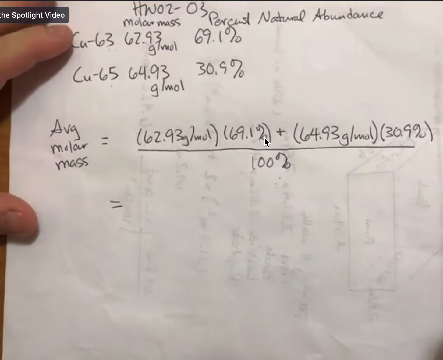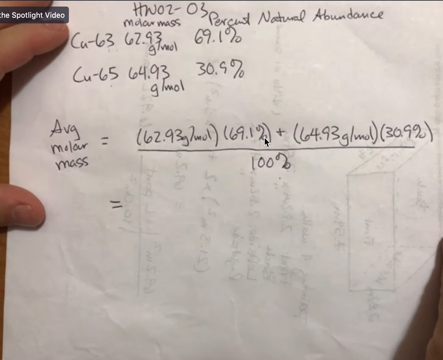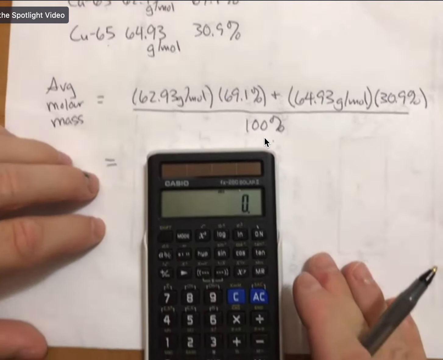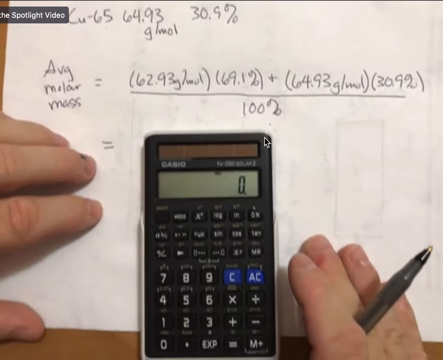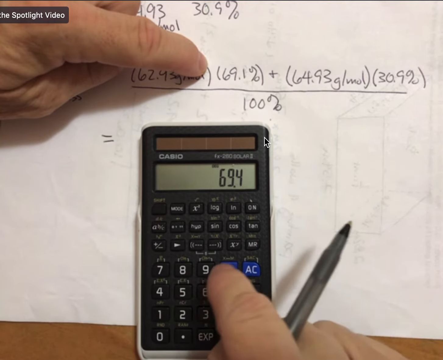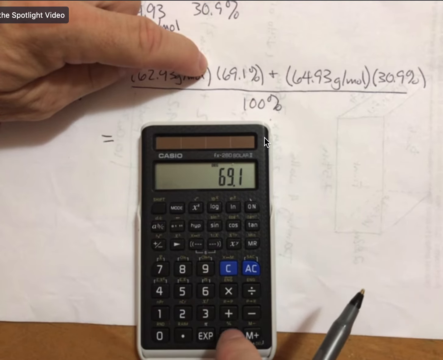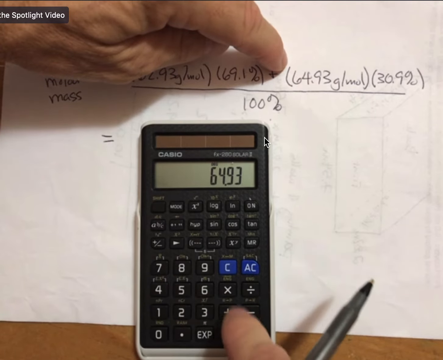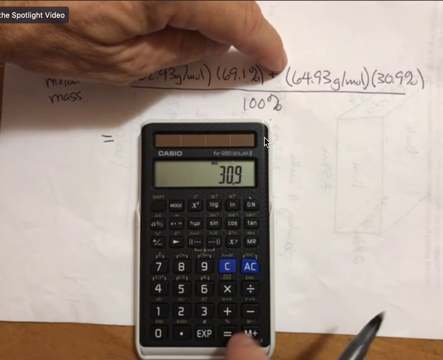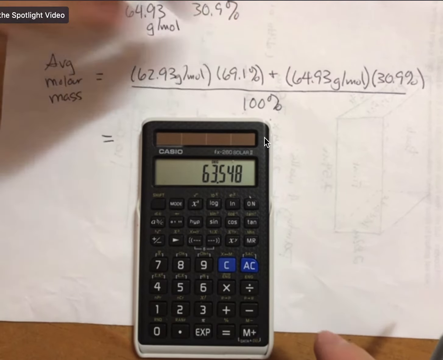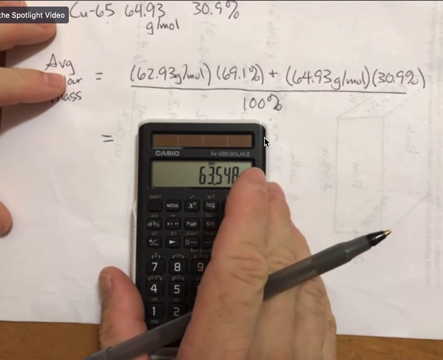And for this one, your work definitely counts. I do need to see this work. When we multiply this out, (62.93) times 69.1, plus 64.93 times 30.9, divided by 100, equals 63.55 to 4 sig figs.